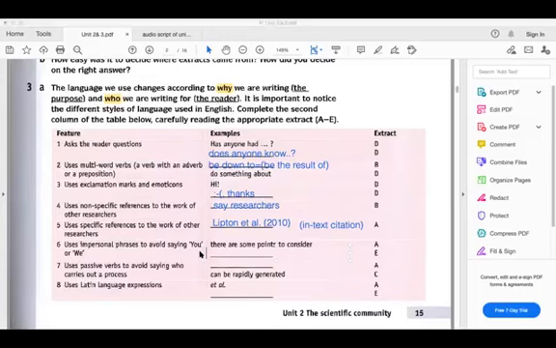Like, for example, saying there are some points to consider, or like saying in extract E, this is a prospective observational study. All right.